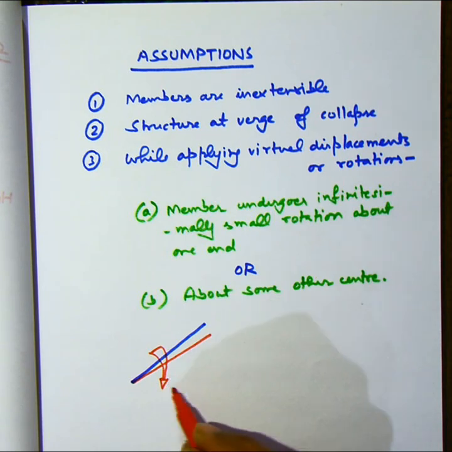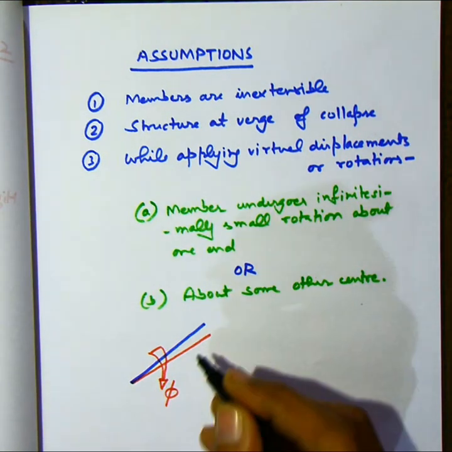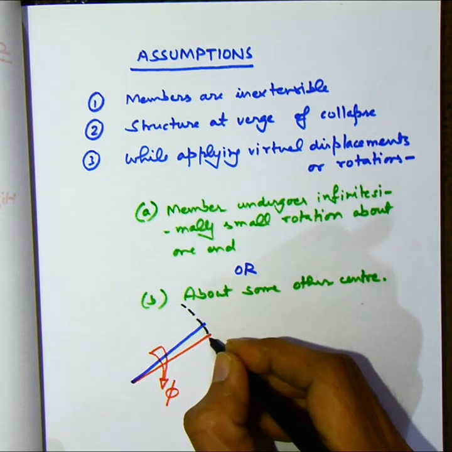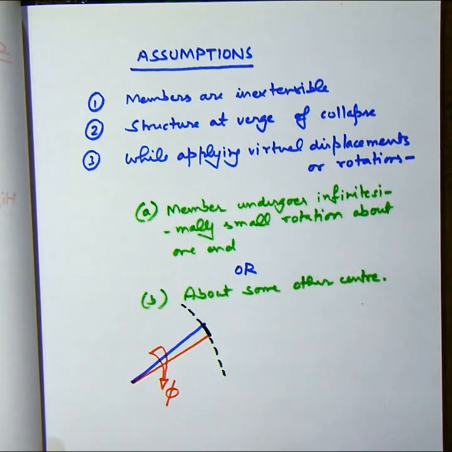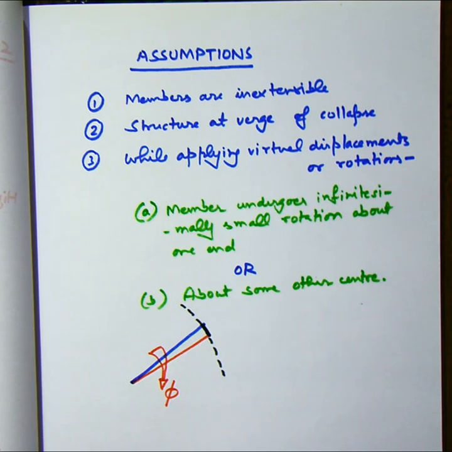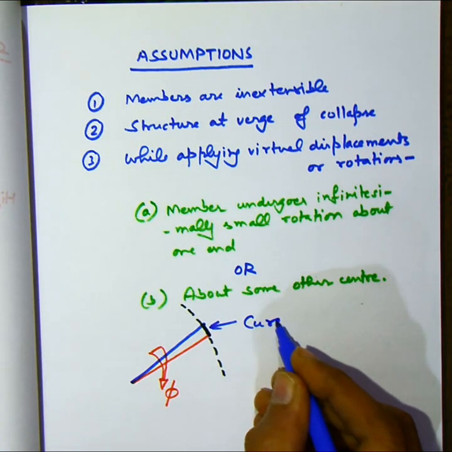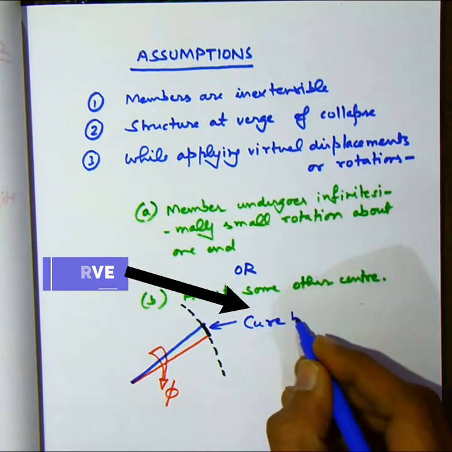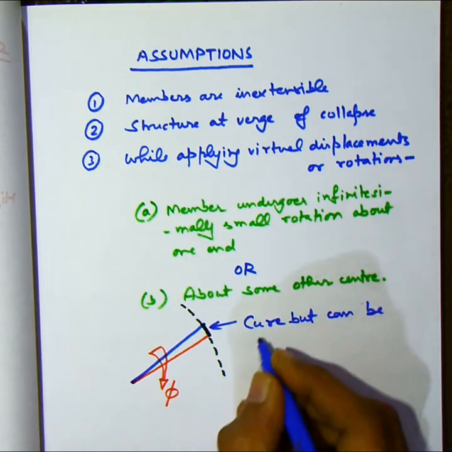Now our assumption is that when this kind of rotation occurs, the rotation is very small, so relatively the member lengths are very large. That means the other end of the member, although theoretically it sweeps a circle, because the rotation is infinitesimally small, the arc length can be considered as a straight line.